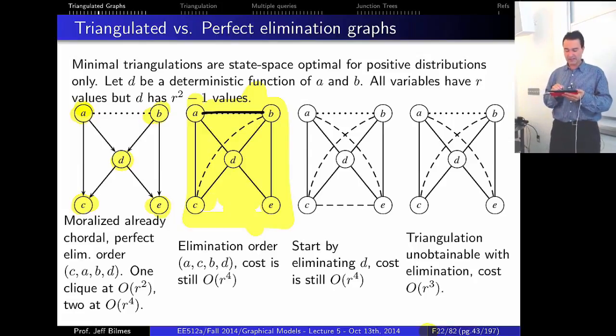And if you eliminate the graph starting with A, it would create this dashed edge, right? And then C, B, D, the cost of that elimination would be R to the 4th.